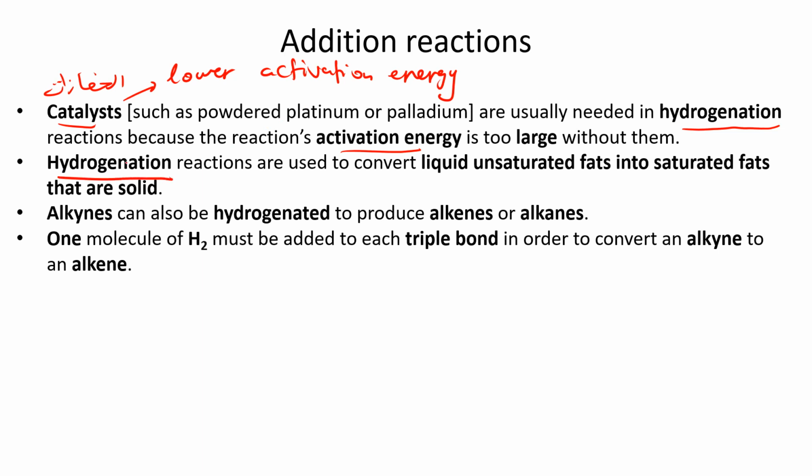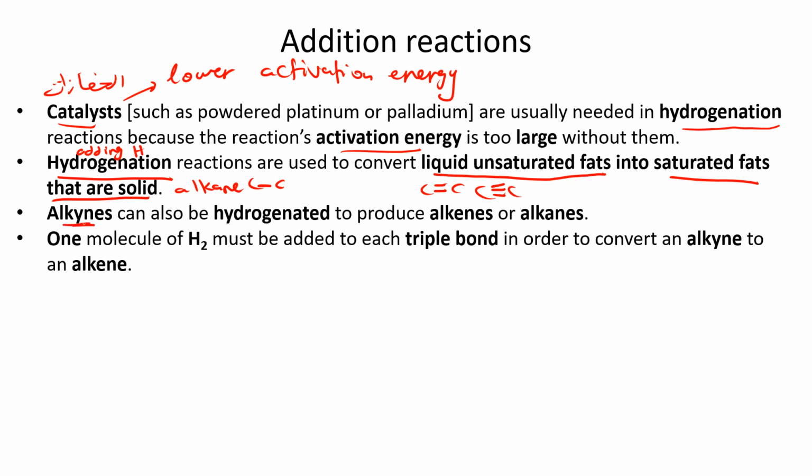Now hydrogenation, meaning adding H2, is used to convert liquid unsaturated fats. Unsaturated شو معناها؟ معناها double bond أو triple bond into saturated fats. Saturated fats are alkanes, single bonds, right? Between carbon and carbon, right?